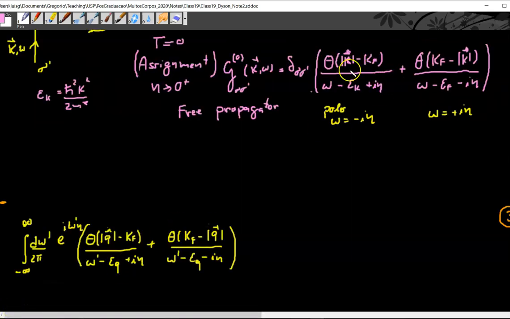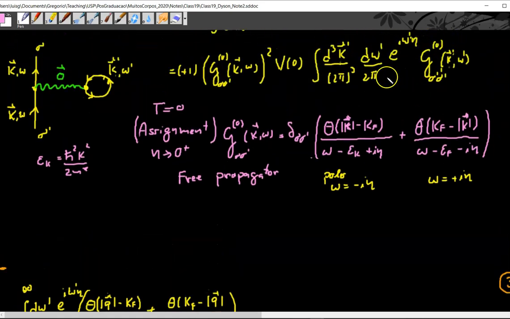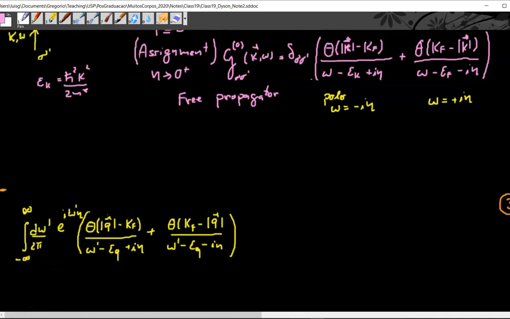So plugging this into this expression, we're left with the following integral in the frequency. Integral from minus infinity to plus infinity d omega prime over 2 pi, and there is that factor e to the i omega prime eta 1. This eta might be a little bit different than this other one, okay?